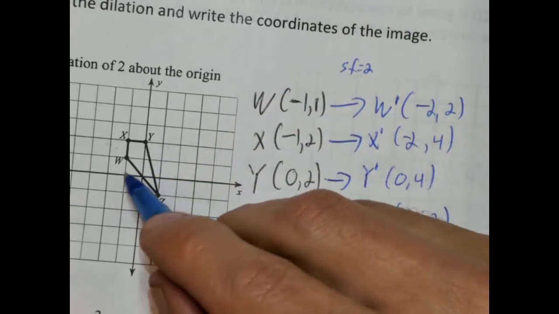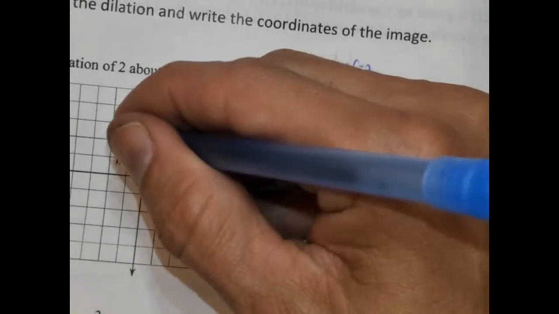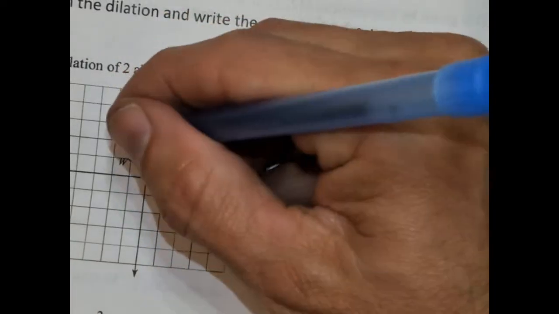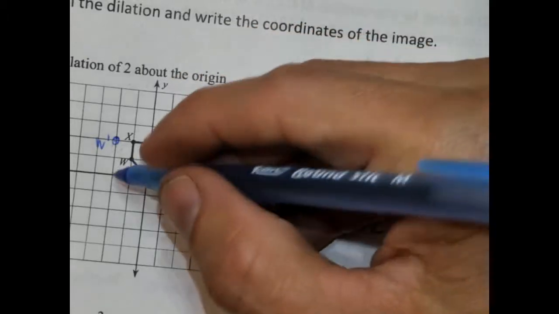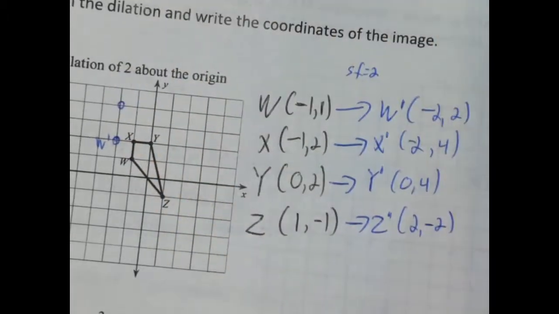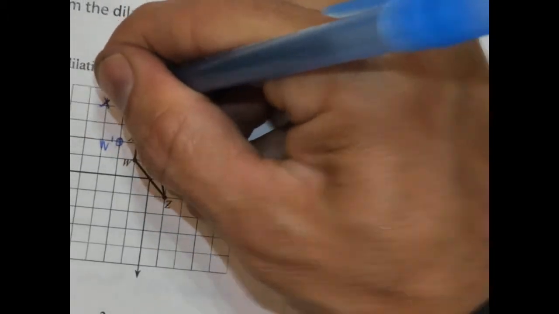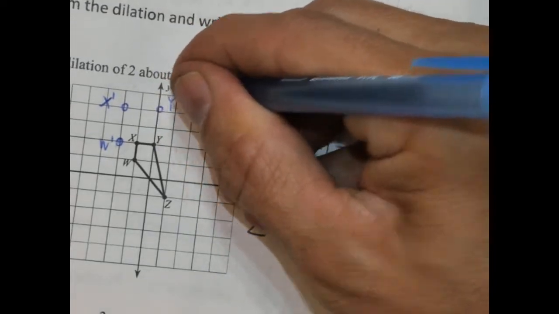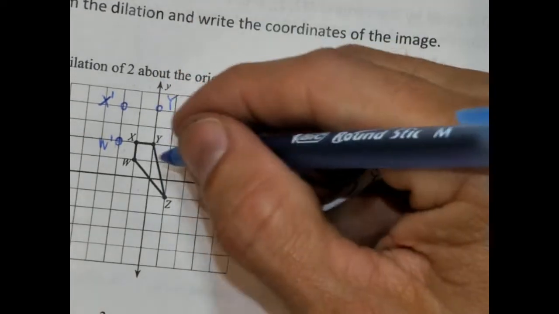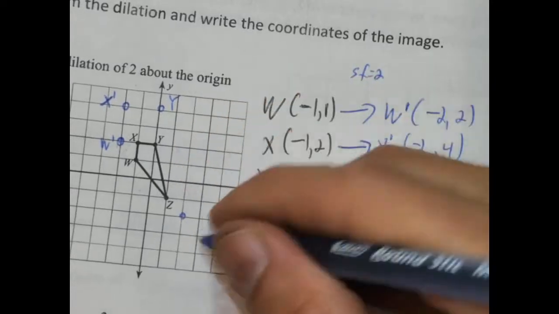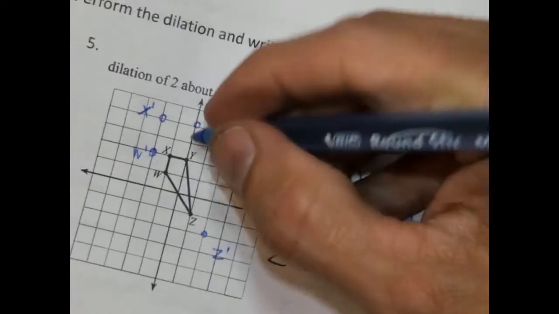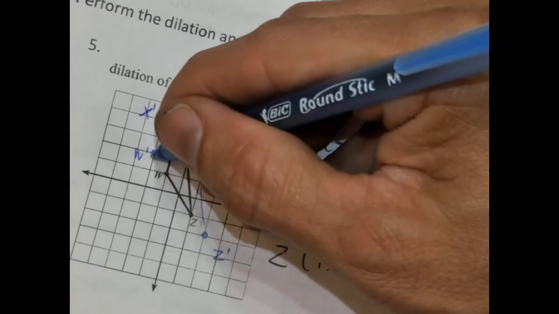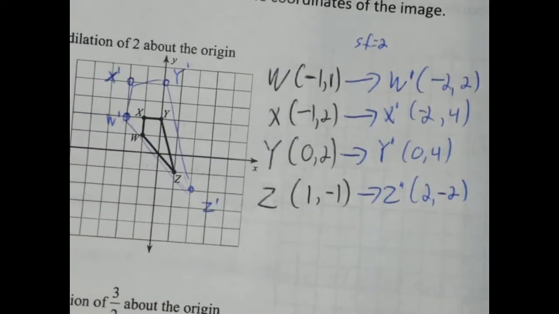That's W prime, that's X prime, Y is 0, 4, and then Z is 2, negative 2. So this should be double the size, and sure enough it is. Okay, should be pretty straightforward.